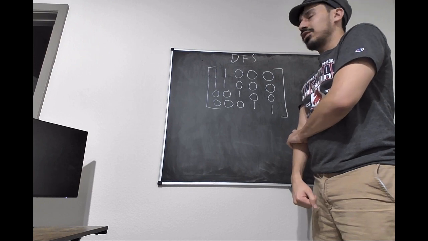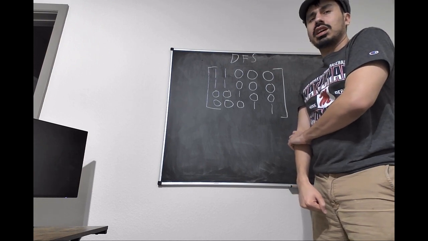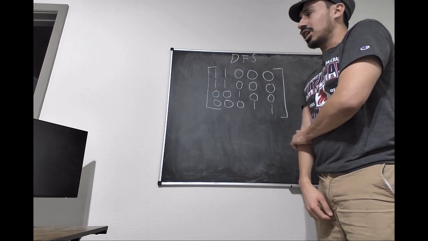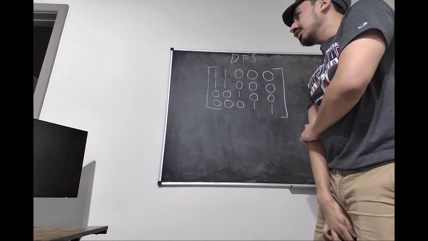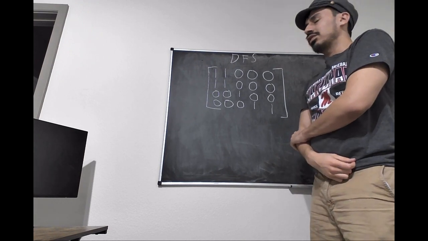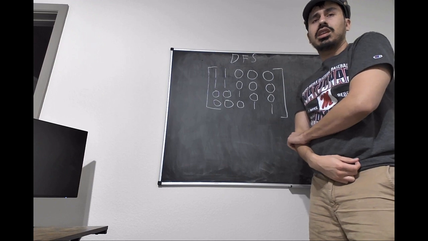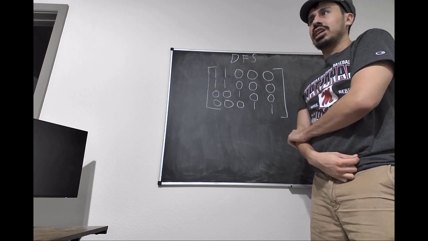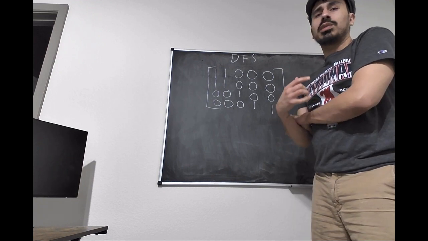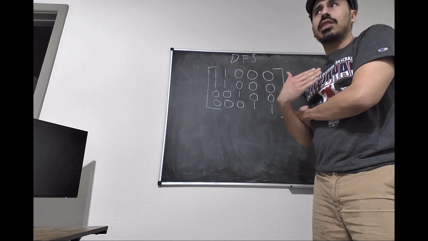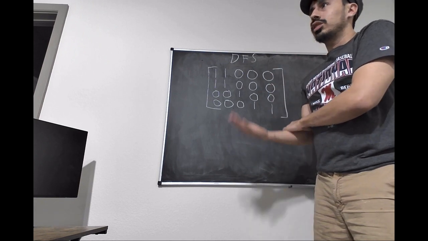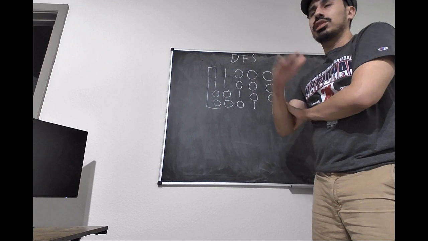So how do we use that information to find the number of islands? The key is to use that information to identify an island. So every time we identify an island, we can just increment a counter of the number of islands. So we do some classical set a counter equals 0.